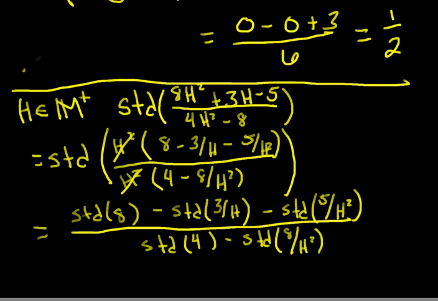Now the standard part of 8 is 8. The standard part of this is an infinitesimal because h is an infinite number, so 3 over h is an infinitesimal, and its standard part is 0. Same here. h squared is an infinite number, so its reciprocal is an infinitesimal, hence standard part 0, and this is standard part 4. So I end up with 8 over 4, or 2.